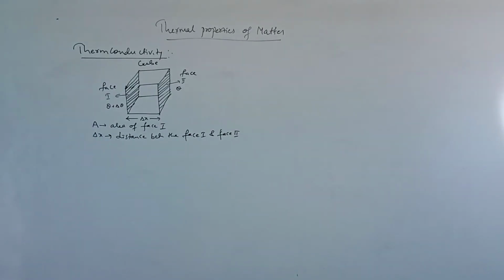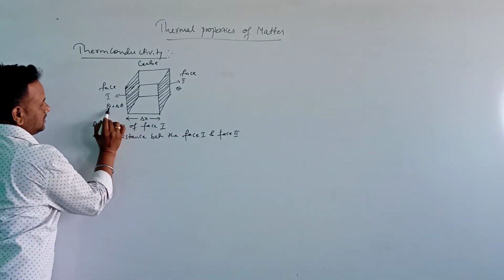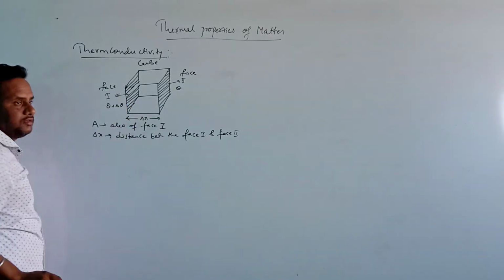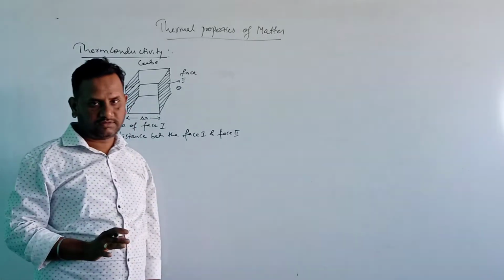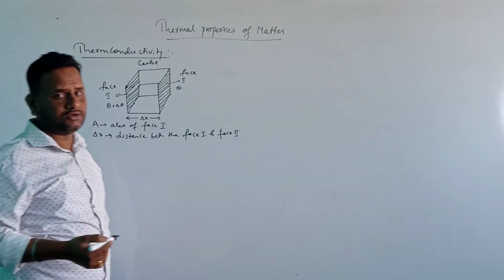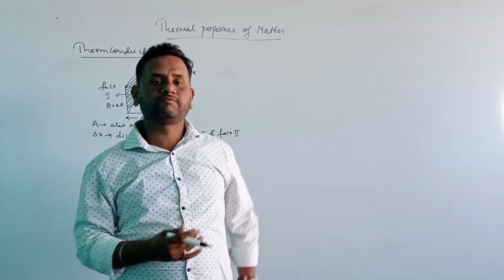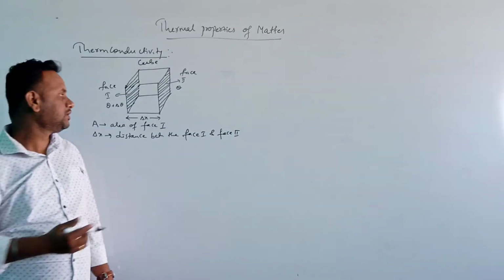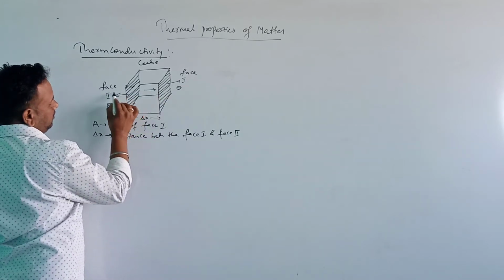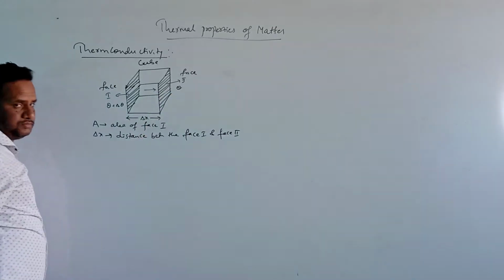As the temperature theta plus delta theta is higher, phase 1 is a hot phase, where the temperature is higher. Obviously, we know that heat flows from a hot body to a cold body. So the flow of heat will be in this direction, from phase 1 to phase 2.